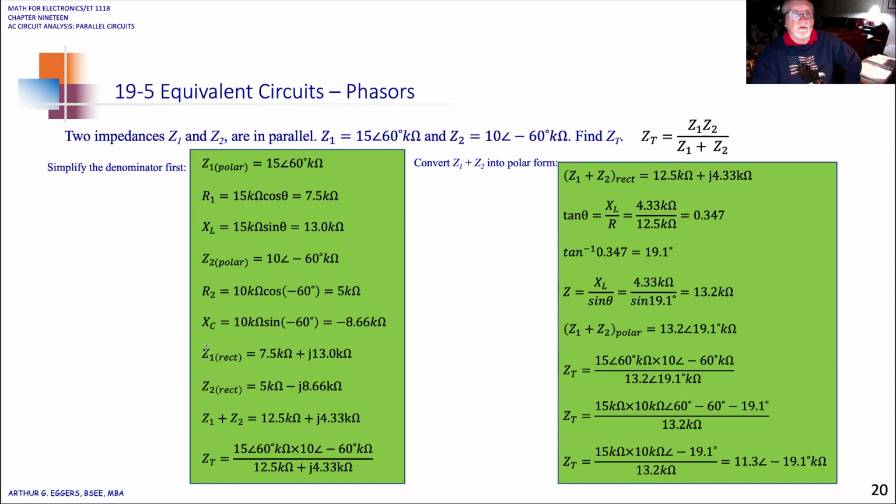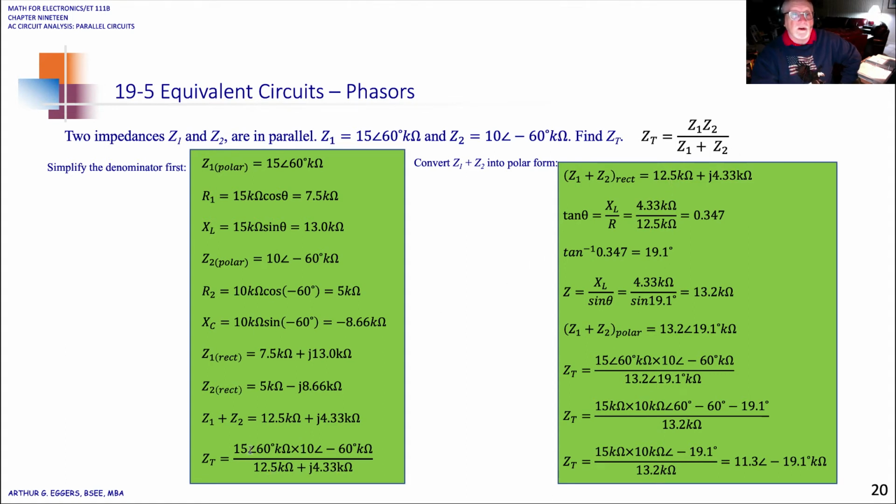So now we can add the two together to determine our sum of Z1 and Z2 by handling them algebraically as complex numbers. So it just becomes a sum of 7.5 plus 5 gives us 12.5. 13 minus 8.66 gives us 4.33. So in doing this, we have our sum, which was the denominator, in rectangular form.